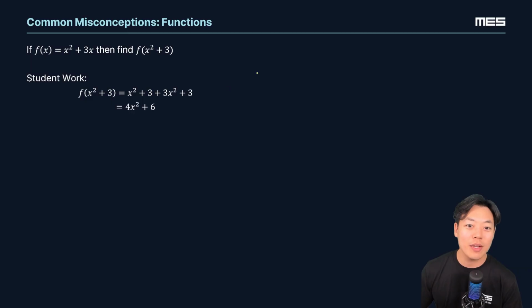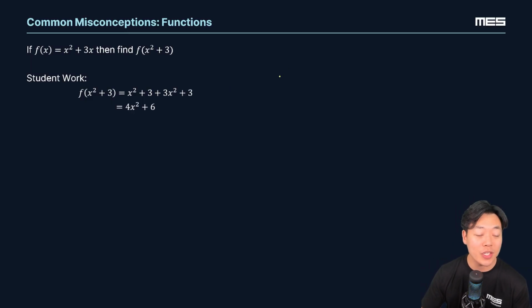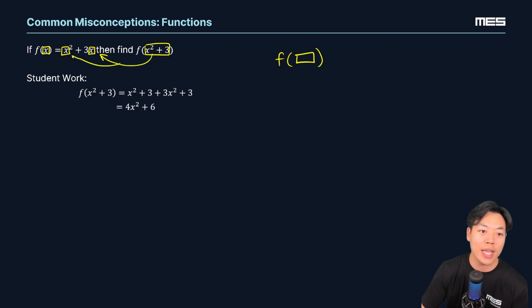Now, for this one, whenever we're working with functions, function errors occur all the time. And when we're working with functions, treat whatever is within these parentheses as a box. So in this case, x is within a box. So whatever we plug into f of x, all of this in the box will be replaced into every x that we see. So this isn't the correct answer here.